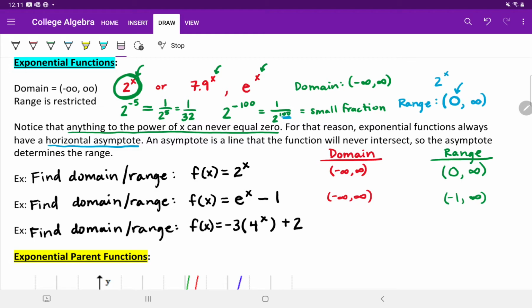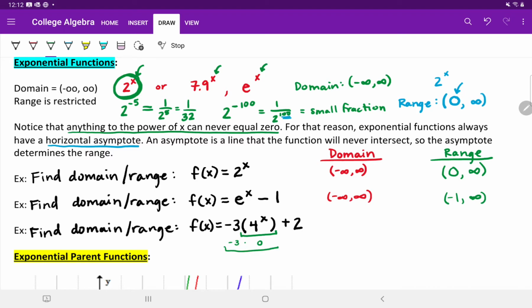All right, one more example. For the last one, we want to find the domain and range of f of x equals negative 3 times 4 to the x plus 2. So in this example, as we let x get closer and closer to really, really low negative values, this 4 to the x is getting closer and closer to 0, which means the negative 3 times 4 to the x is getting closer and closer to 0.